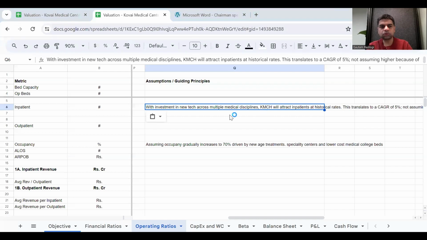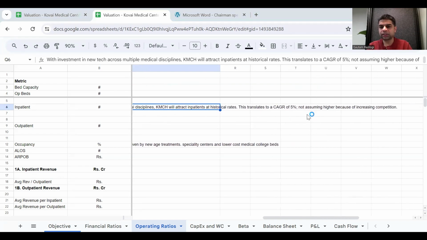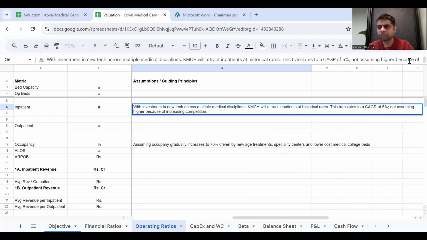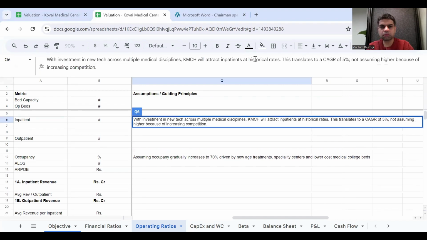So here's my reason, at the risk of repeating myself: investment in new technology across multiple disciplines, the hospital will continue to attract patients, and also because of the medical college. And not assuming an overly crazy growth rate, this translates to a CAGR of 8%.